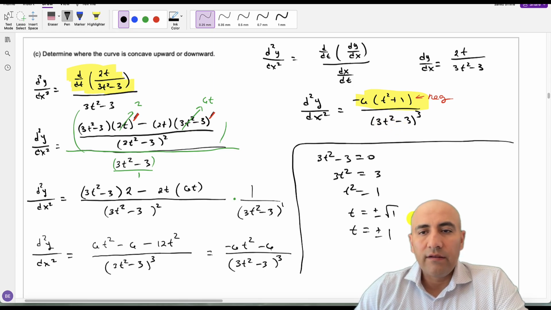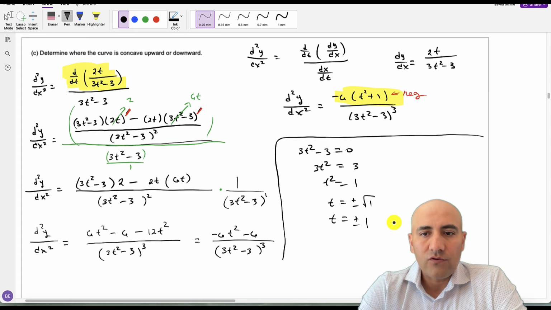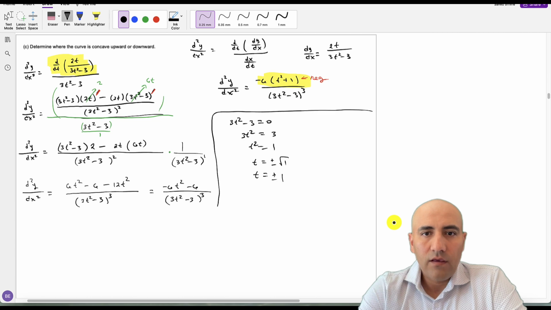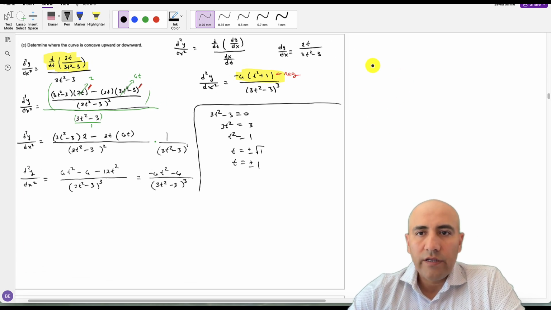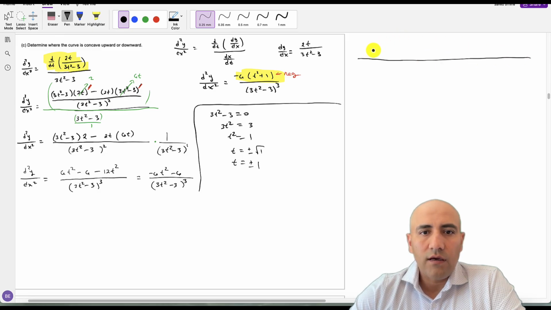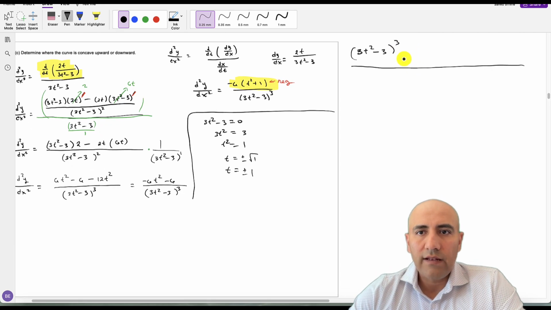Okay, so now we can figure out the zones that are separated by those and figure out whether it's going to be positive or negative in those zones. So let me zoom out over here, and let's create a number line for just the denominator, which is 3t squared minus 3, cubed, for that guy right there.